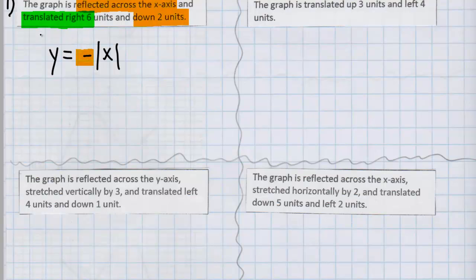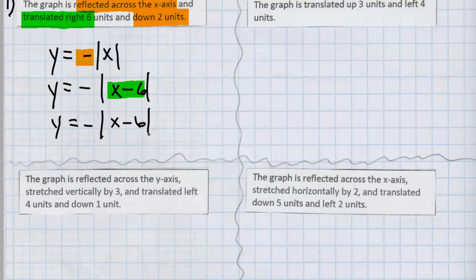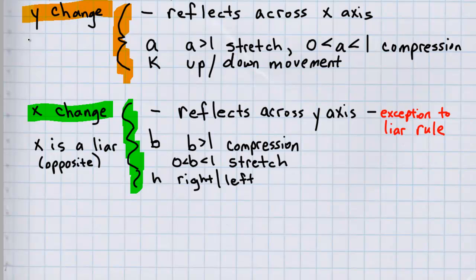The next item is translating right 6 units. Remember that it's the opposite of the way we think, so if it tells us to go right, we really want to move left. The last item is down 2 units. Y equals negative absolute value of x minus 6, down 2 units, and y is exactly the same. So x is a liar, but y stays the same.